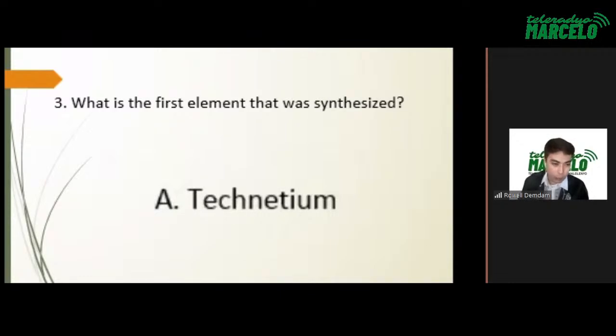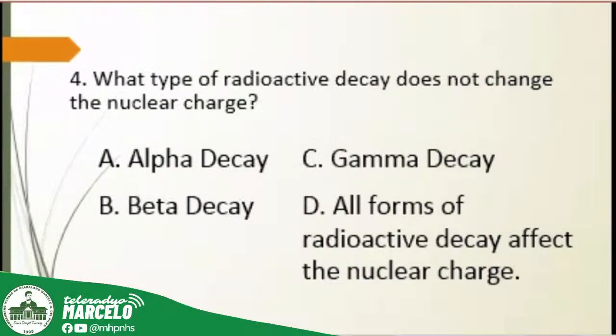Okay, down to the last two problems. We have number 4. The question is, what type of radioactive decay does not change the nuclear charge? Is it letter A, alpha decay, B, beta decay, C, gamma decay, or D, all forms of radioactive decay affect the nuclear charge?